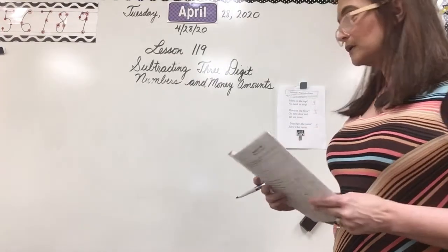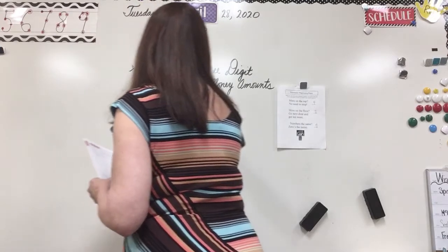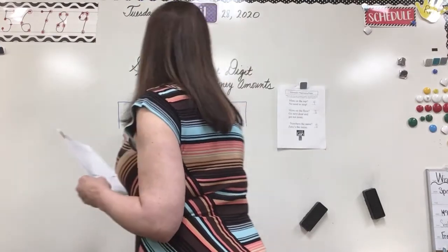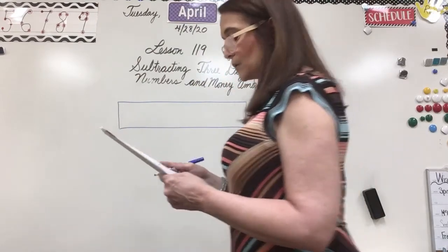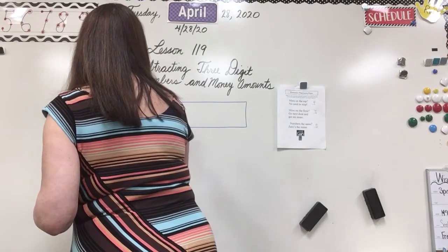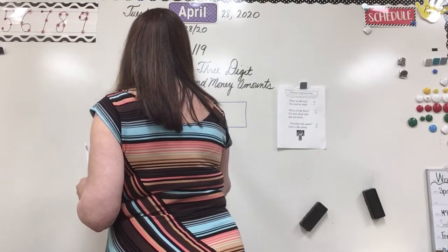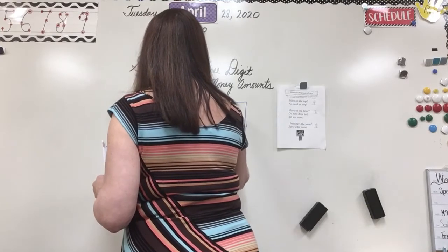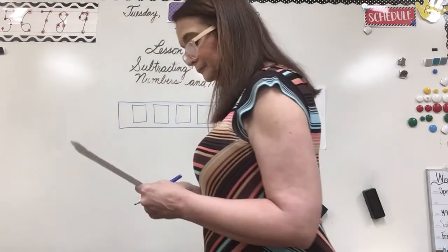So the first thing we're going to do in our box is we're going to draw this problem out, because seeing it helps us to visualize it. So we're going to draw 5 desks. 1, 2, 3, you do this as I'm doing it, 4, 5 desks. Draw that in your box.